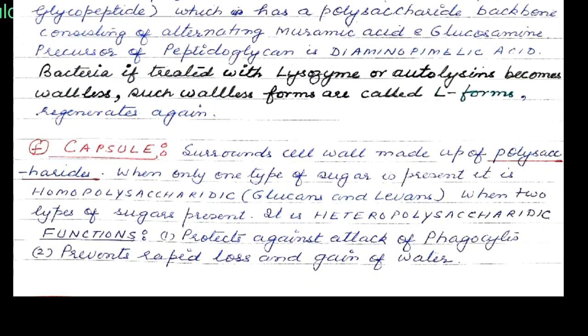Now the last and outermost structure is the capsule, which surrounds the cell wall, and it is made up of polysaccharides. When only one type of sugar makes up the capsule, it is called a homopolysaccharide, whereas when two types of sugars are present, such a capsule is called a heteropolysaccharidic capsule.